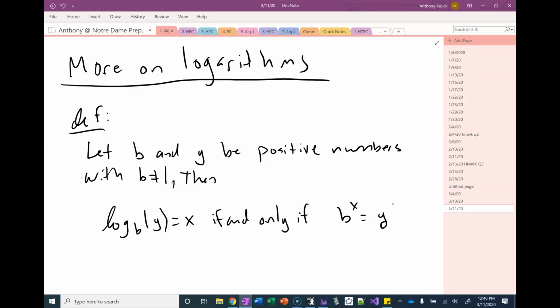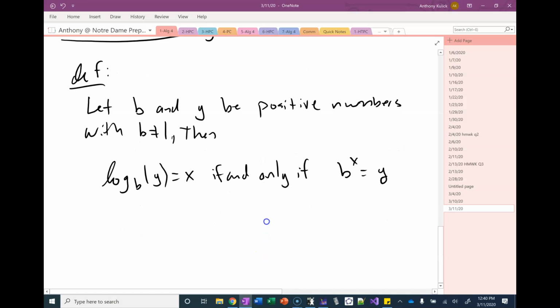So remember, this is our definition of a logarithm that we saw from last time. So we'll use this again today, but we're just going to continue talking a bit more about logarithms and a little bit how they work and how to do things.